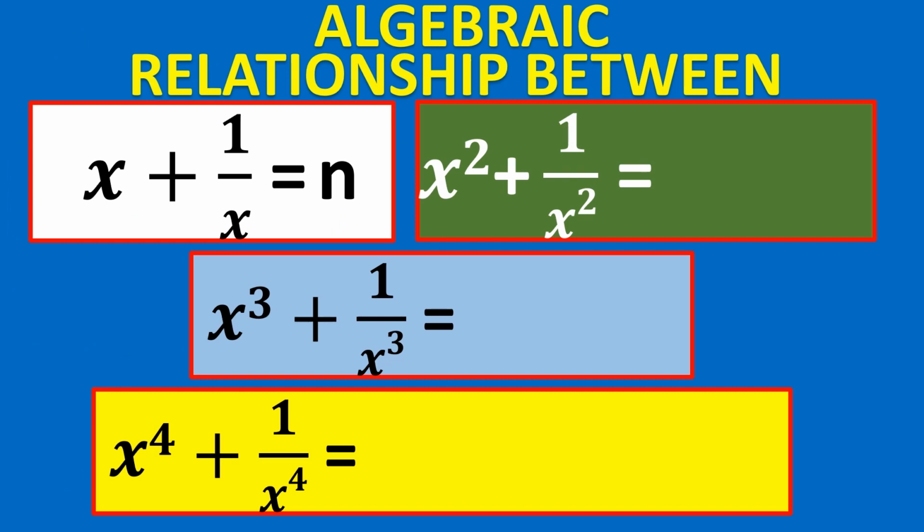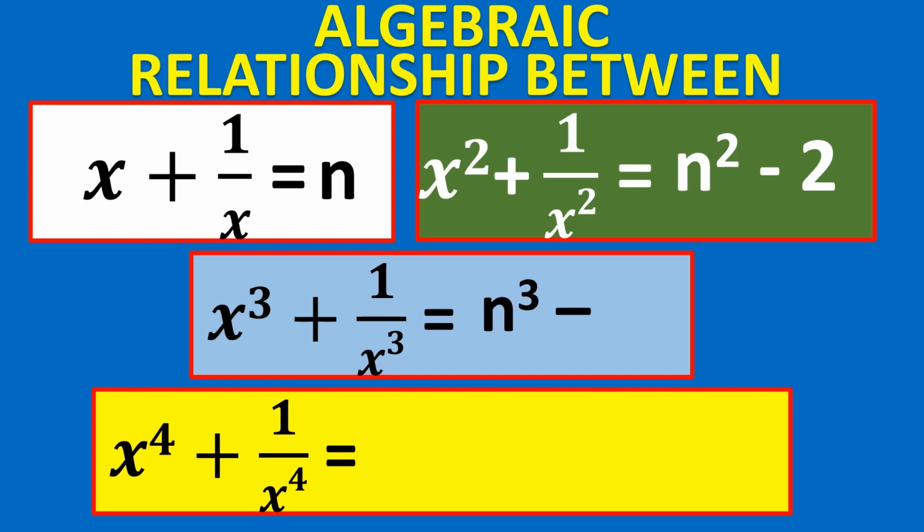So in this section, we will be giving a summary of the algebraic expressions and their relationship as we had earlier established. Starting with x plus 1 over x equals n, we were able to establish further that x squared plus 1 over x squared is equal to n squared minus 2.